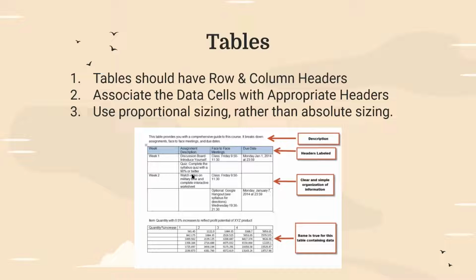And inside the table, it should be clear and very simple, and think of the same as the PowerPoint rules, not too much text in a single cell. And then also looking at any table containing data, you want to use proportional sizing rather than absolute.